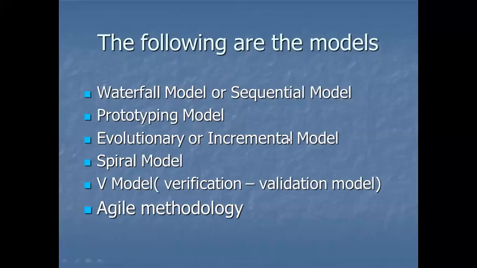If you want to release the application to the customer, we can use any one model. In this we have different models: waterfall model, prototype model, evolutionary model, spiral model, V model.